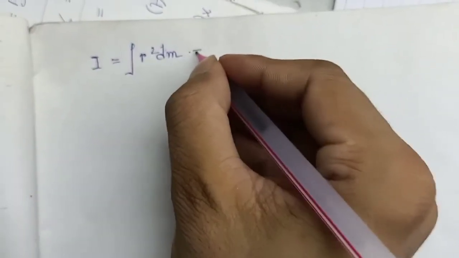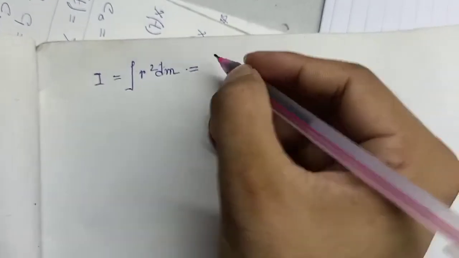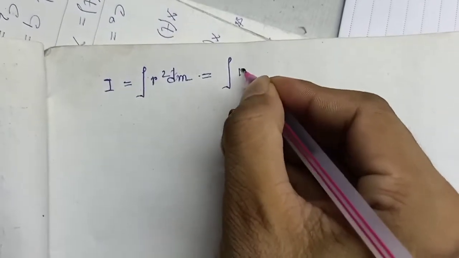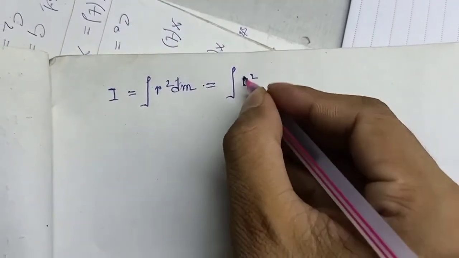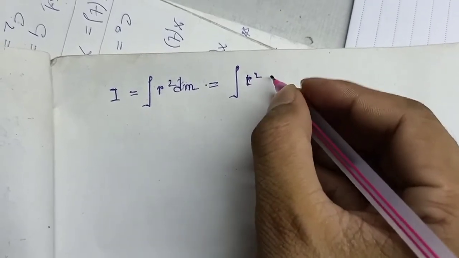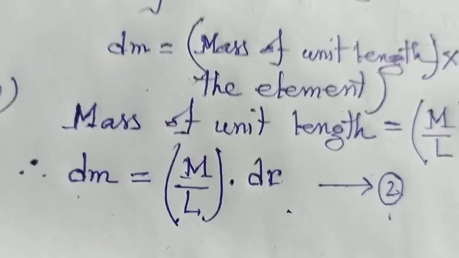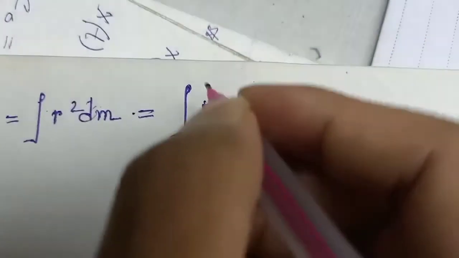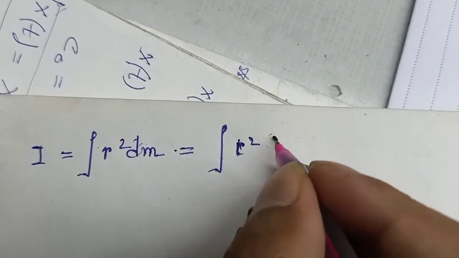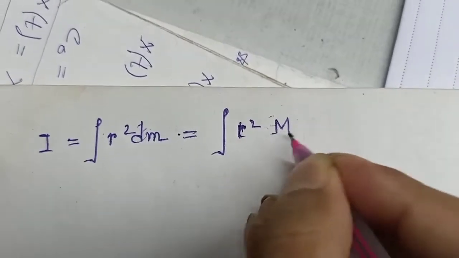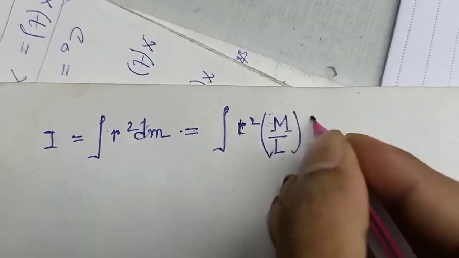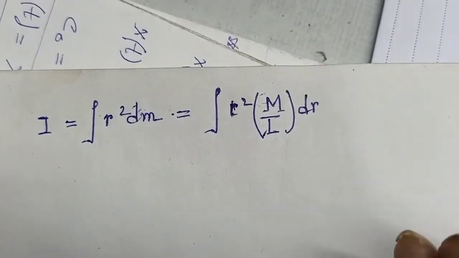That is equal to the integration of r square dm. As you see, dm equals M by L into dr. So dm will be equal to M divided by L into dr.